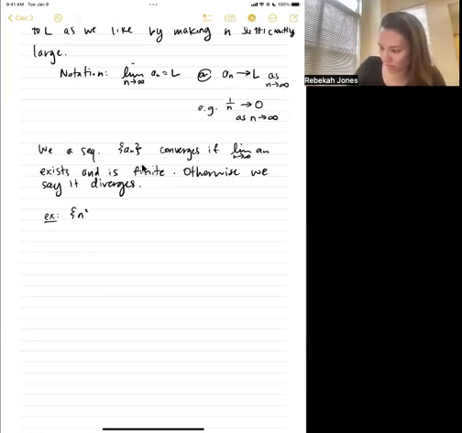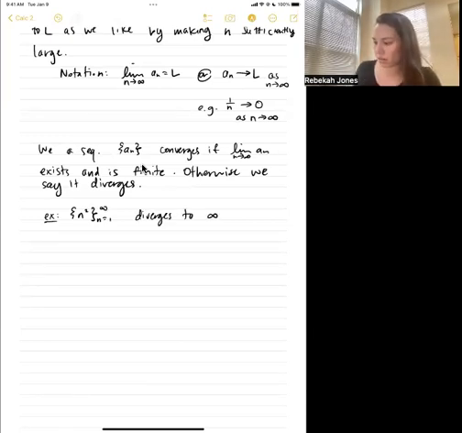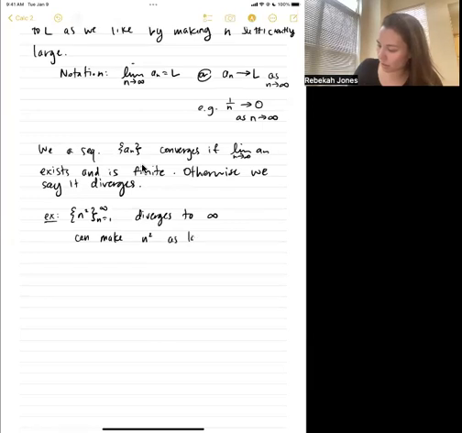So for example, if I have this sequence, so my a sub n is n squared, we'll start from 1, right? This diverges to infinity because the values keep getting larger and larger, right? So we can make n squared as large as we like by taking n to be large.